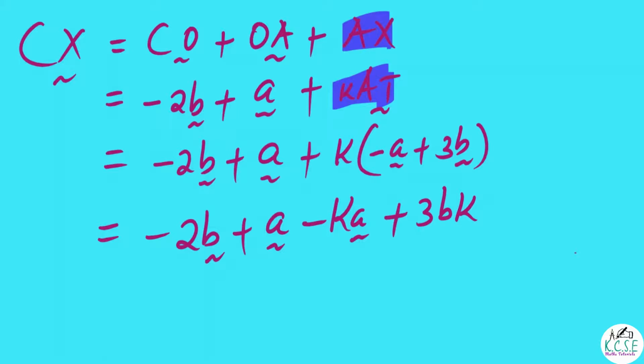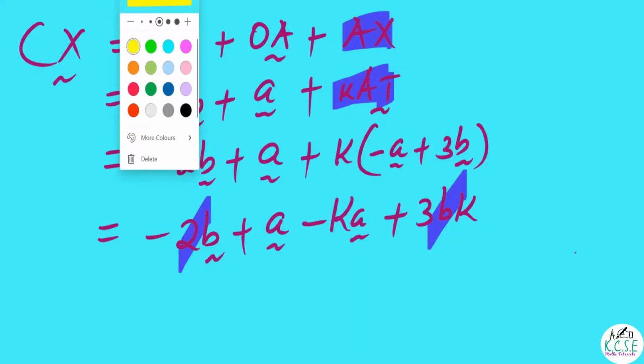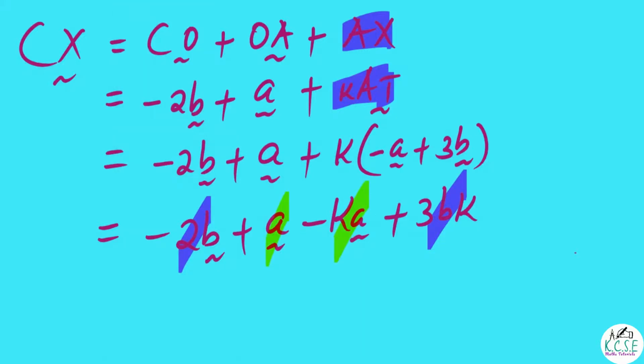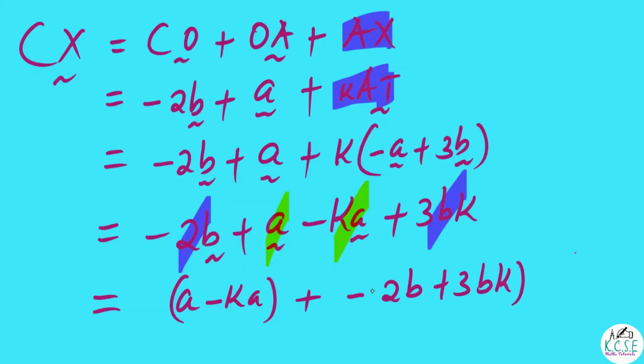Still go on. The like terms, we can collect the like terms together. We can group them. This is B and this B, and then the ones that have A, this one and this one, we can group them together, and this is what you're going to get: A minus KA, then this plus negative 2B plus 3BK.